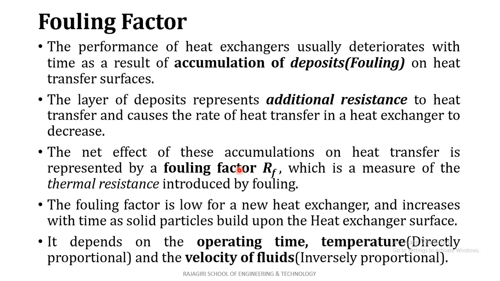These deposits will be at the inside surface of the tubes and the outer surface of the tubes, on both sides of the heat exchange surface area. This fouling is an additional resistance to heat transfer. It will deteriorate the heat transfer rate, because this is an additional resistance.